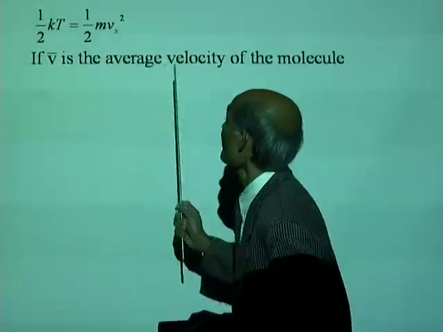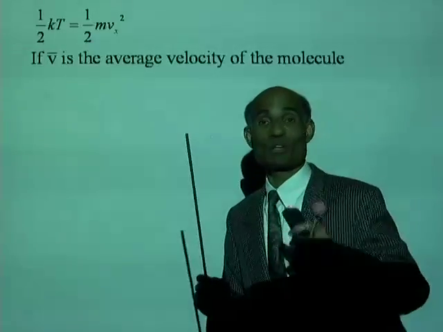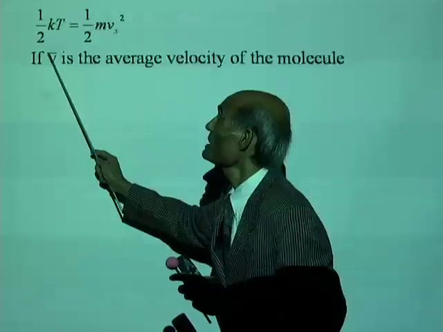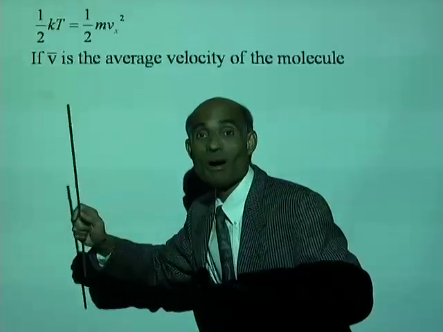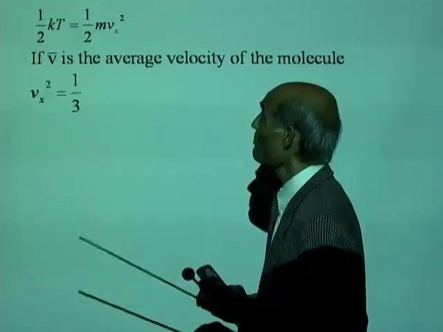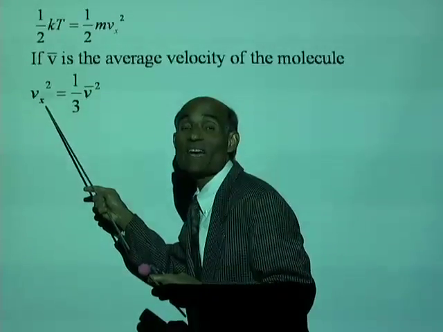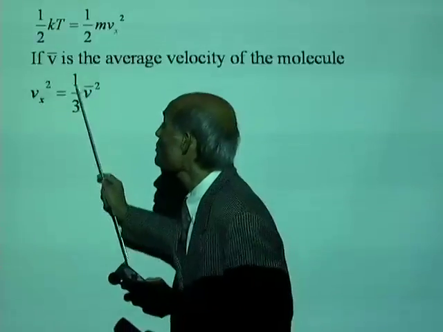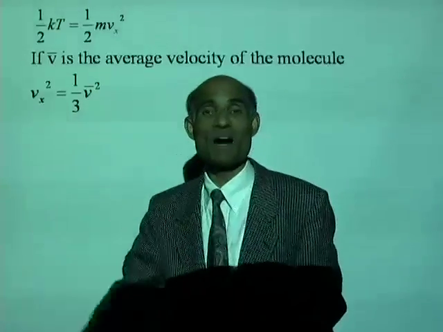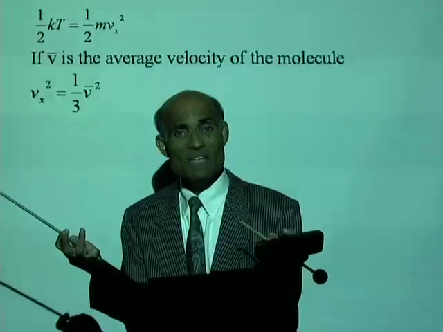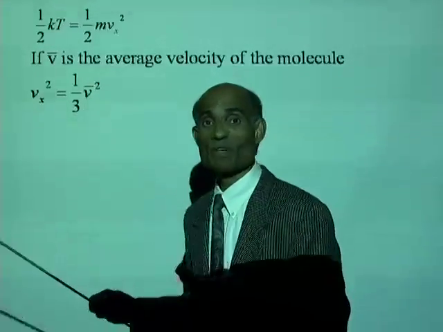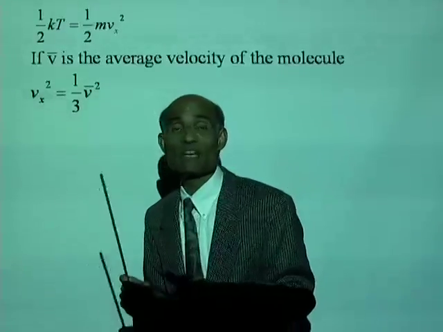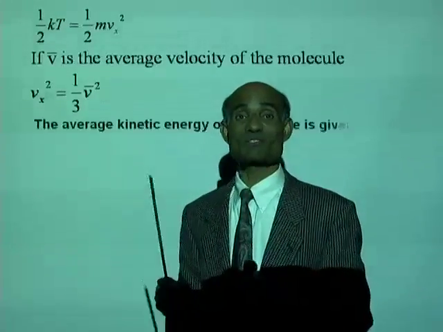If V bar is the average velocity of the molecule, you remember we started with that assumption, then this Vx squared, that is the velocity in the x direction, is 1/3 of that V bar squared. Does that assumption make sense? I think so. So this Vx squared can now be replaced as 1/3 V bar squared.